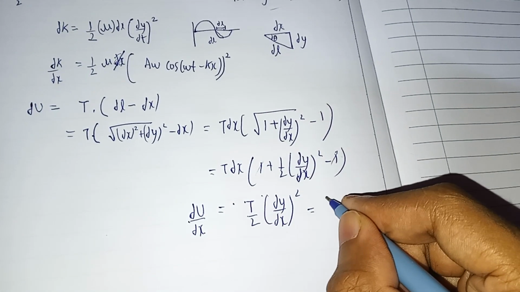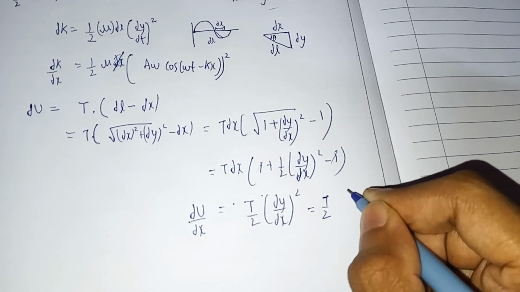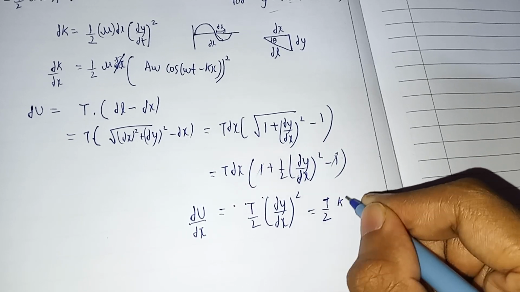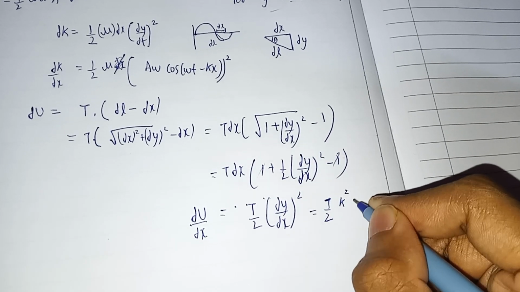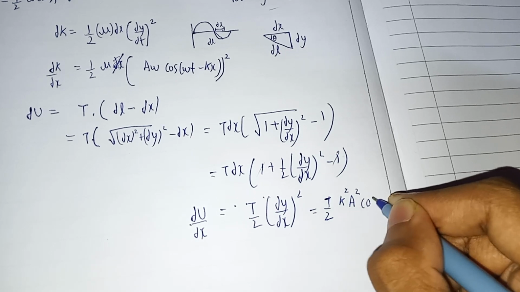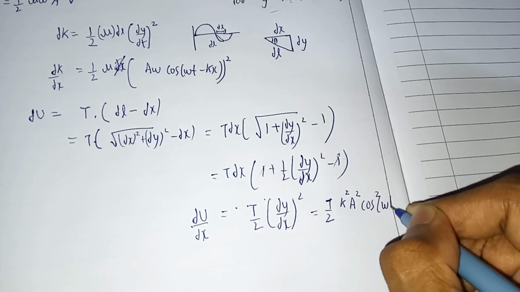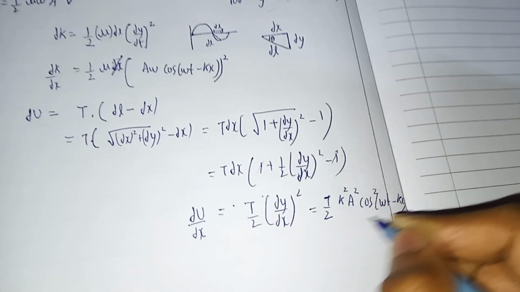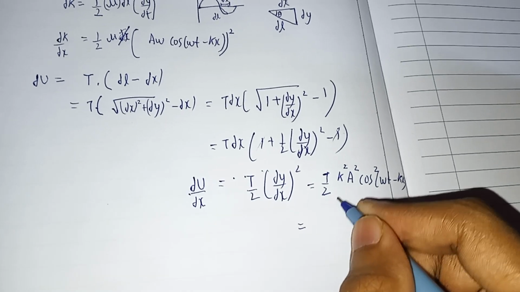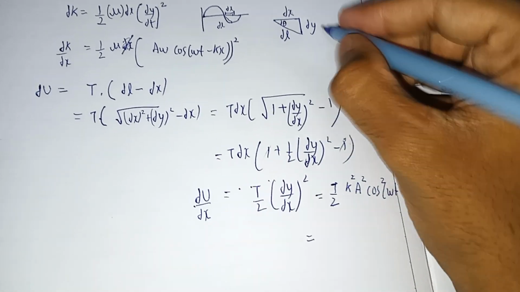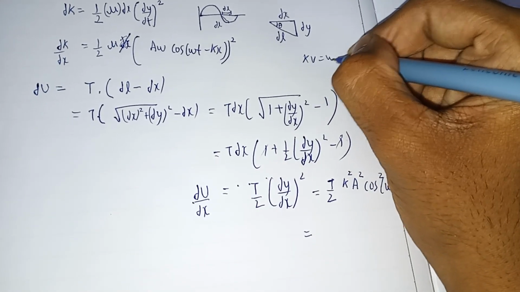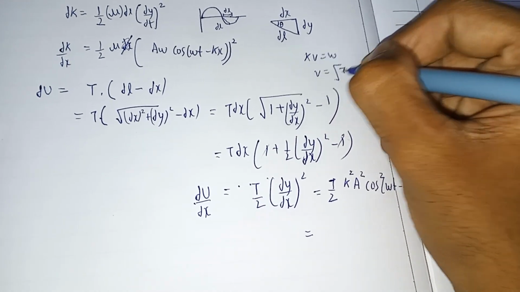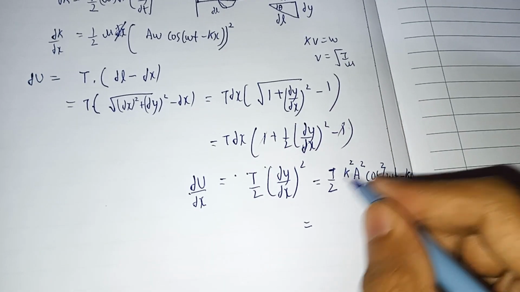So this is T by 2 and minus ka; we are just squaring it, so the negative sign won't matter, cos square of (omega t minus kx). Now we apply formulas like kv equal to omega and velocity is root of T by mu, so we will substitute here.